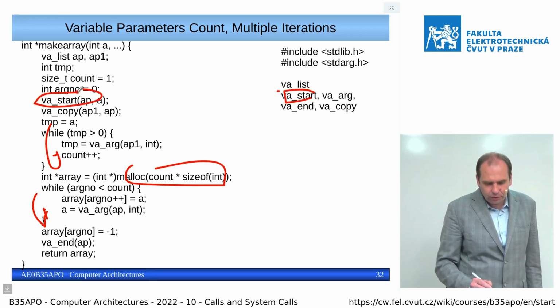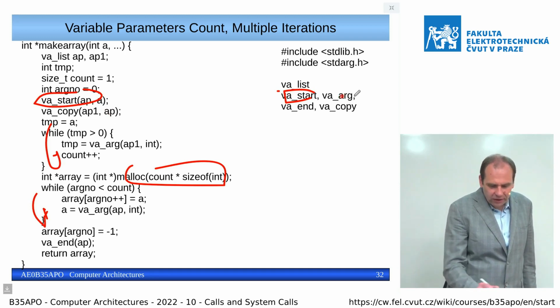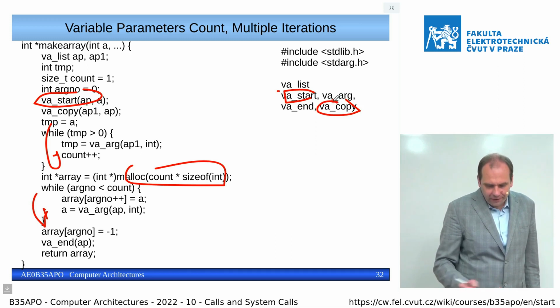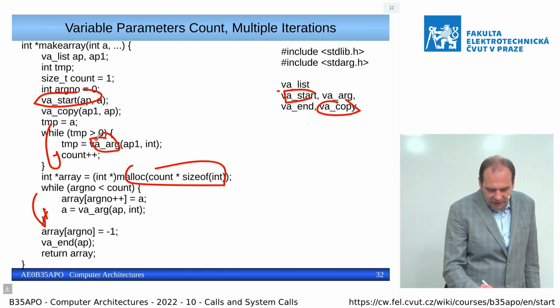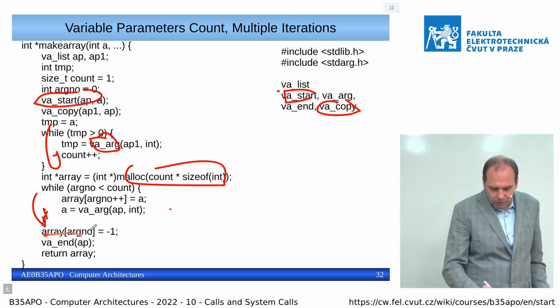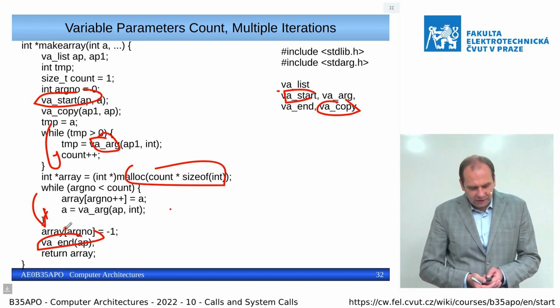If you want to copy an argument pointer to another argument pointer, use va_copy. If you want to access the next location inside the arguments array, you use va_arg. And you should end all the iteration with va_end.